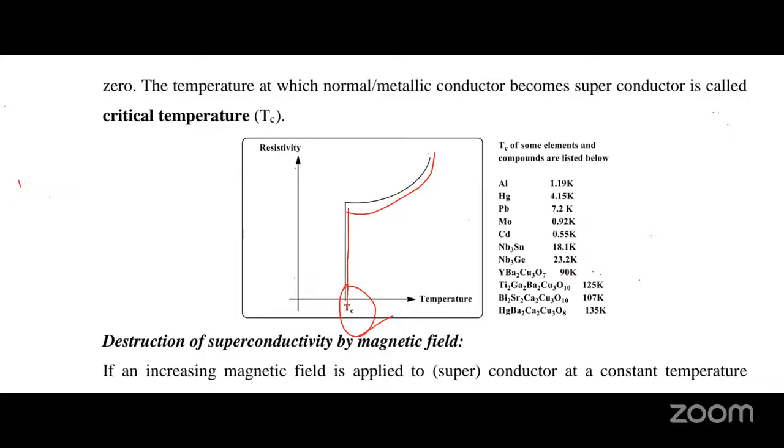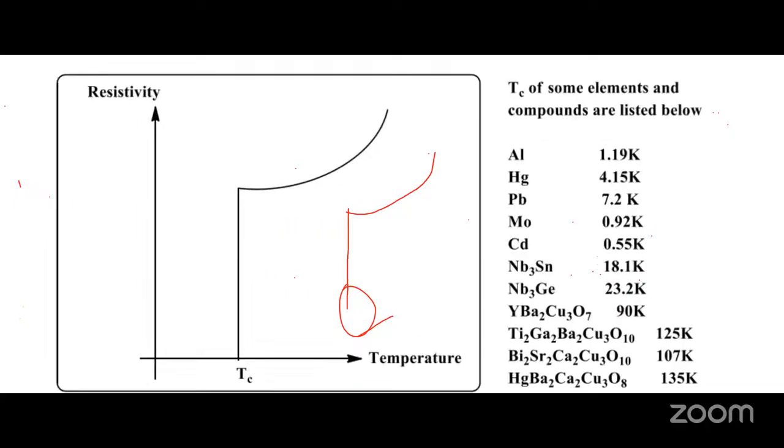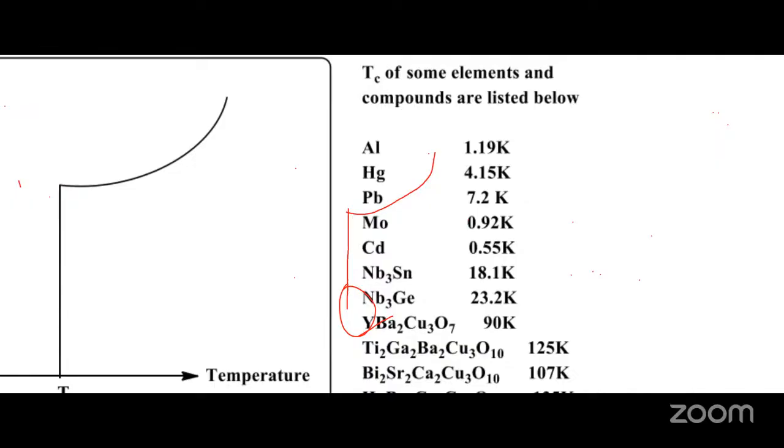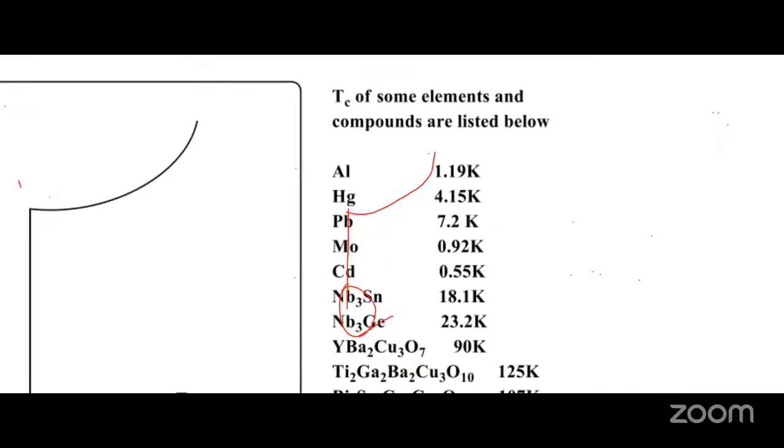Here we have to see the various kinds of materials and their critical temperatures, and how they vary. Aluminium shows it at a very low temperature, 1.19 Kelvin.